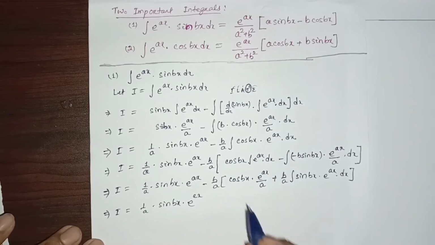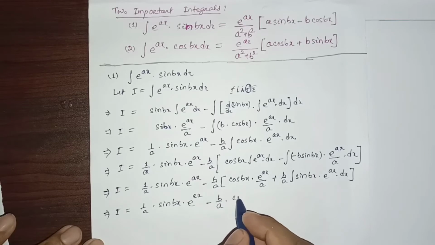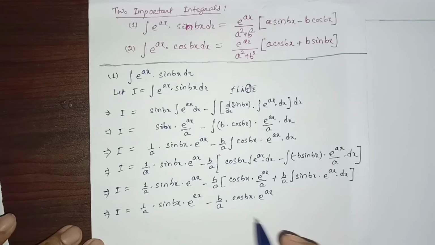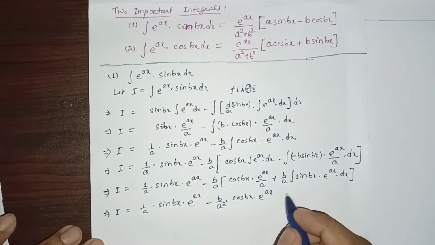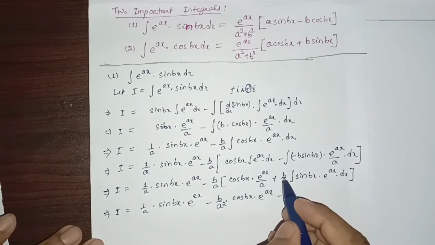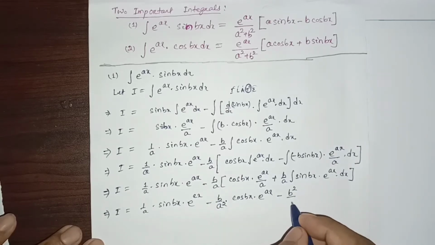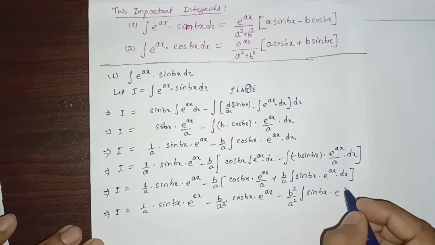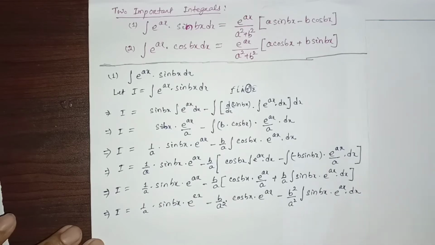Here you can see b by a will be multiplied with this one and this one, so minus b by a square cos bx into e to the power ax, then minus b square by a square integration of sin bx into e to the power ax dx, right?